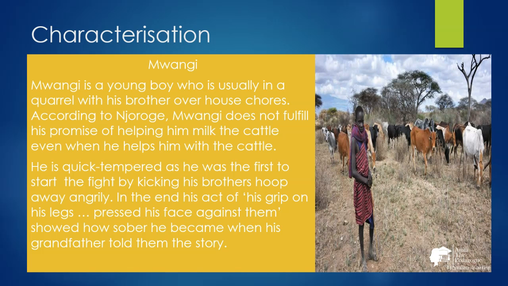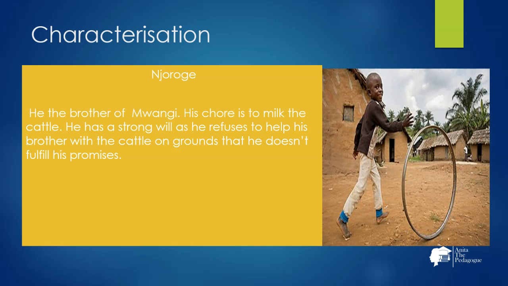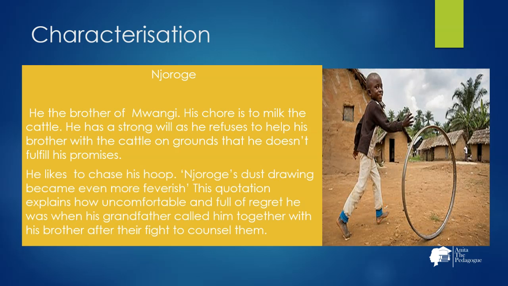Let's go on and look at the character Njoroge. He is the twin brother of Muangi. His chore is to milk the cattle. He has a strong will as he refuses to help his brother with the cattle on grounds that he doesn't fulfill his promises. He likes to chase his hoop.